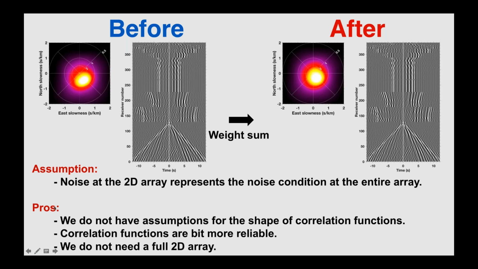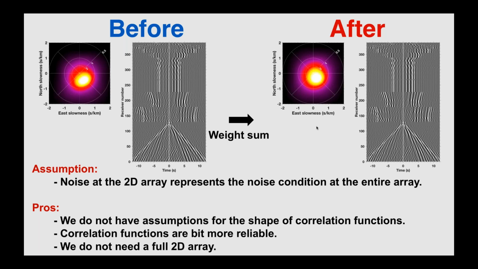That's one of the assumptions. And there are some pros: we don't need to assume the shape of the cross-correlation functions. For example, I didn't assume the cross-correlation function has to be symmetric, but after this weighted sum, the correlation function is actually more symmetric than before.